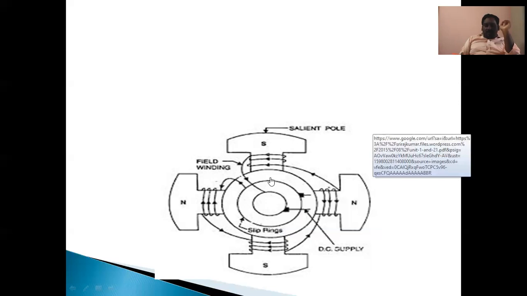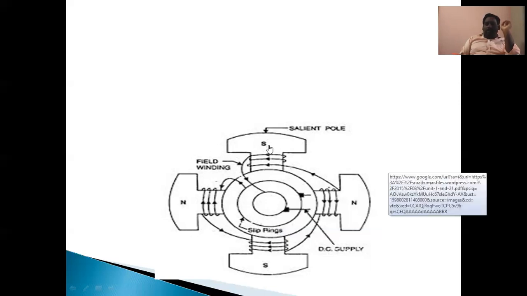See here, this is the total rotor, and these are the poles, south and north, alternating magnetic poles. These poles are projected out from the rotor surface. That's why this type of rotor is called the salient pole type rotor.